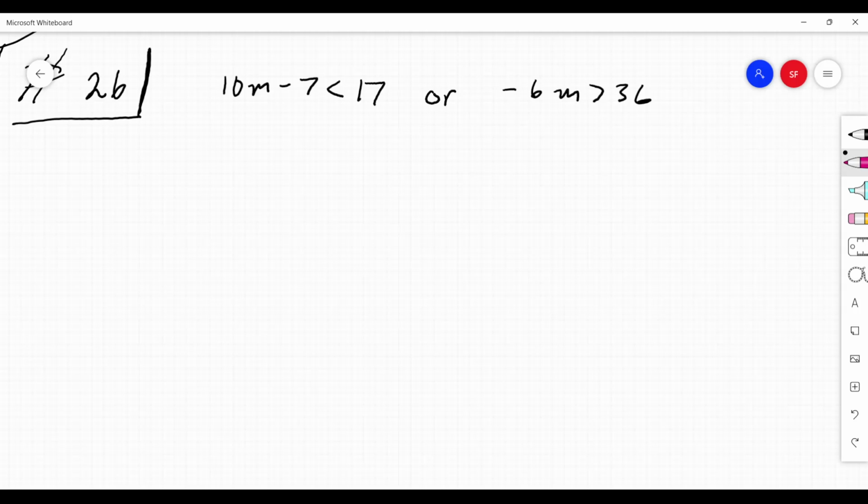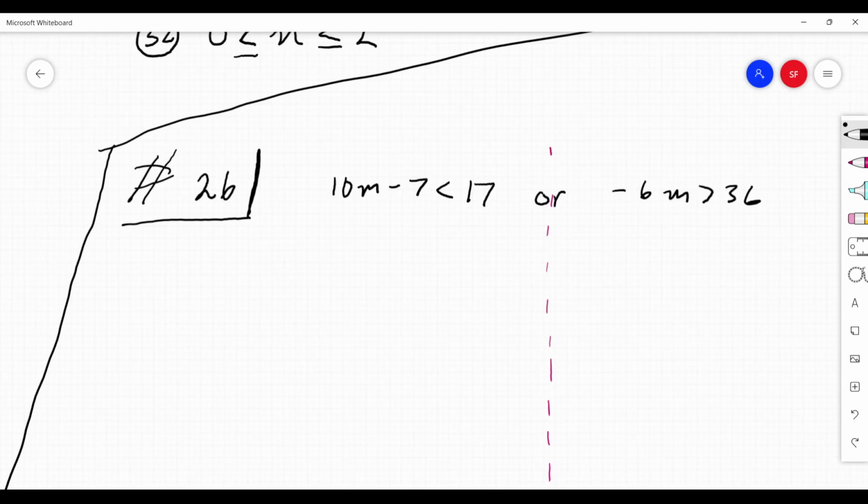So, starting with this one over on the left, what do we want to do there? Add 7. So we end up with 10m. Oh, I left something off. That should have an m on it.